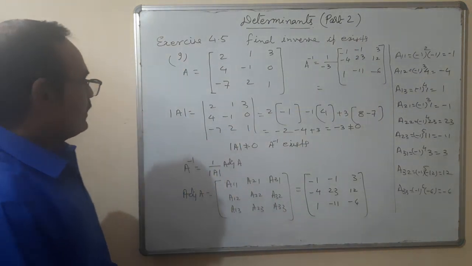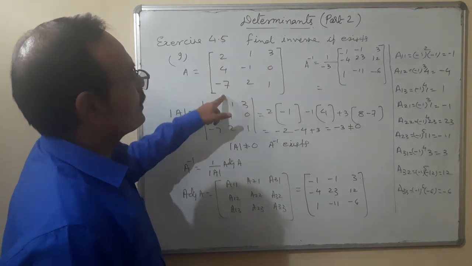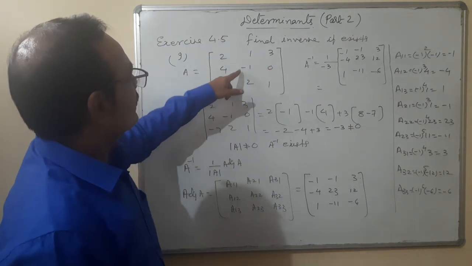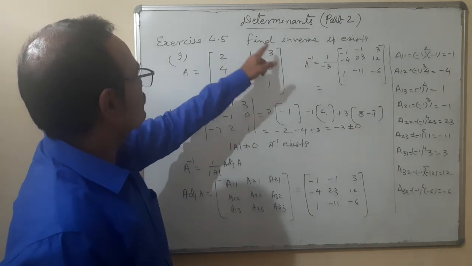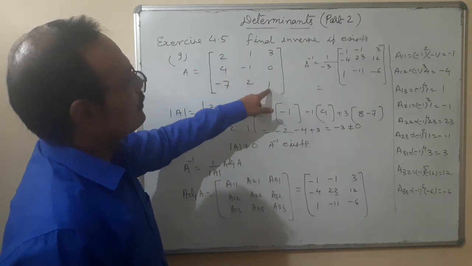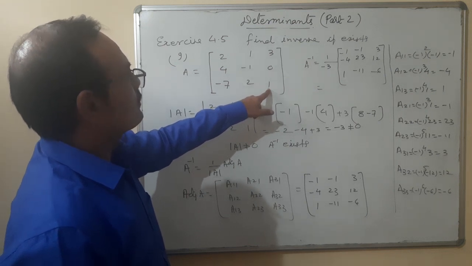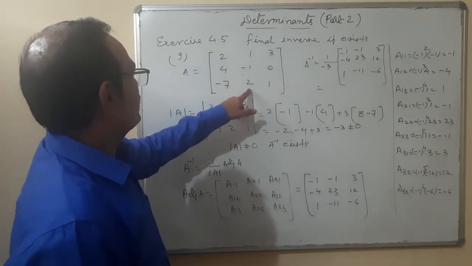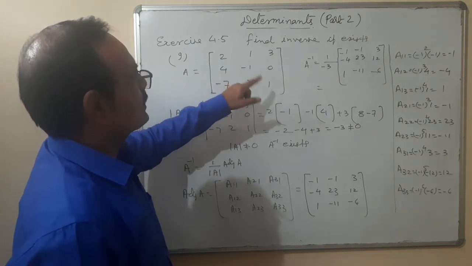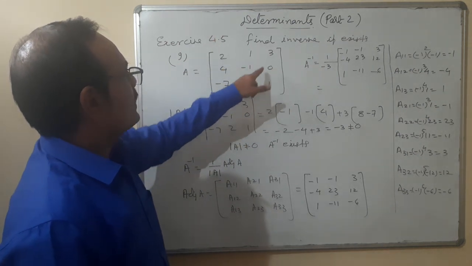So this is a value: first row first column, 1 is coming; first row second column, 4; first row third column, 8 minus 7; second row first column, 1 minus 6.